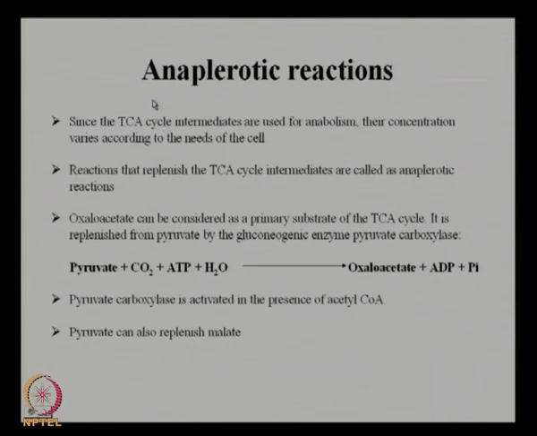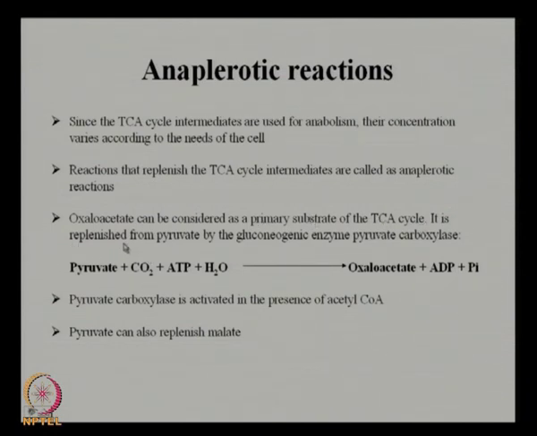If we see the anaplerotic reactions, since the TCA cycle intermediates are used for anabolism, their concentration varies according to the need of a particular cell. Reactions that replenish the TCA cycle intermediates are called anaplerotic reactions. Oxaloacetate can be considered the primary substrate for the TCA cycle.